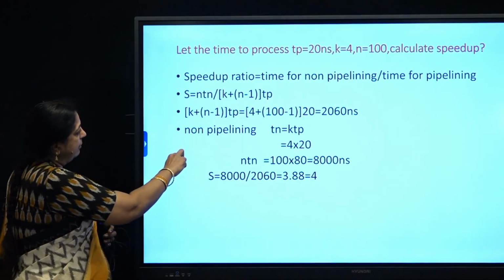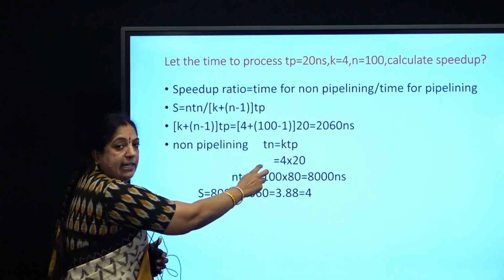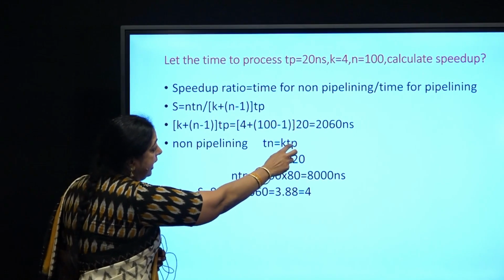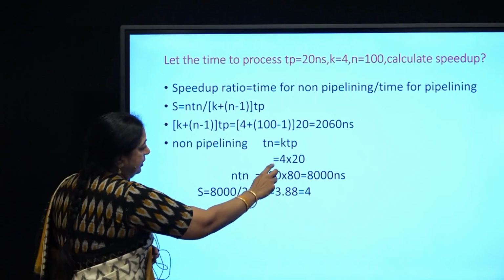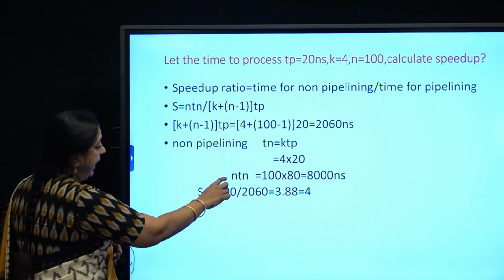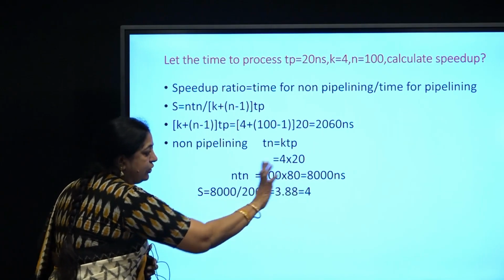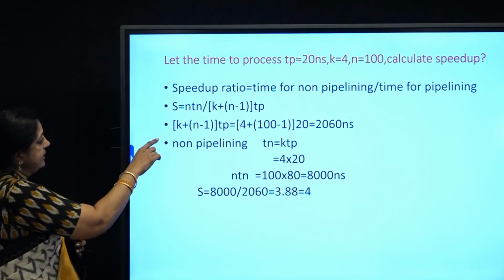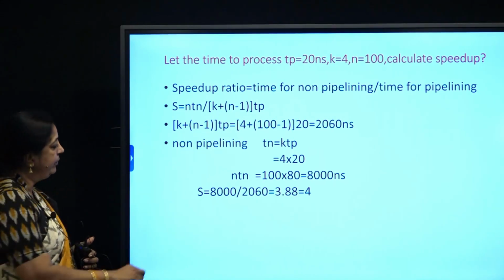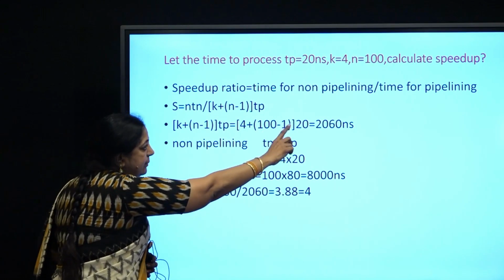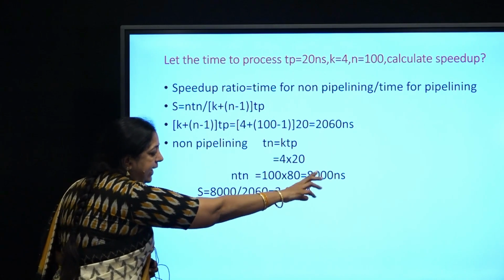Non-pipelining is nothing but N into Tn. First let us calculate Tn. Tn is equal to K into Tp. K is 4, Tp is 20, so 4 into 20 is 80. N into Tn, N is 100, Tn is 80, equal to 8000 nanoseconds. So using pipelining it is 2060 and non-pipelining it is 8000.